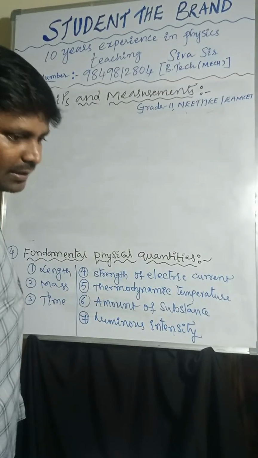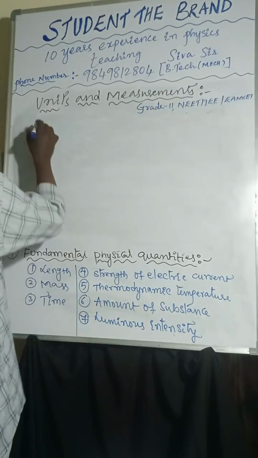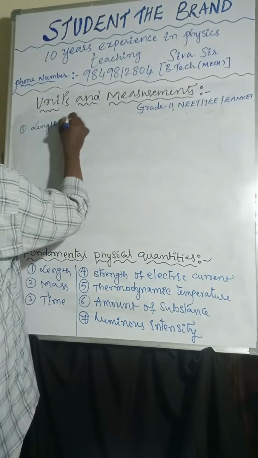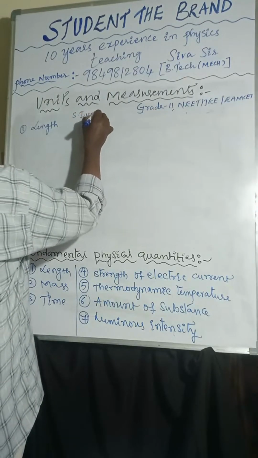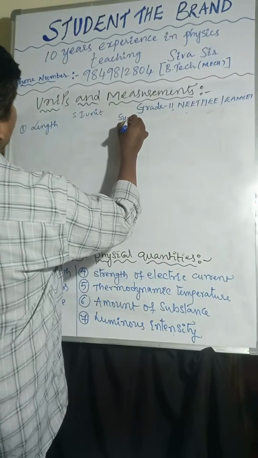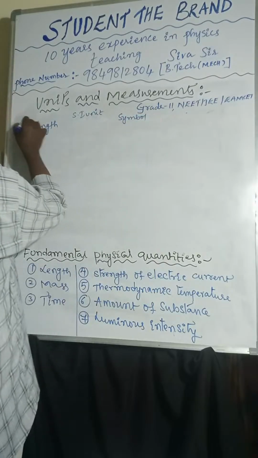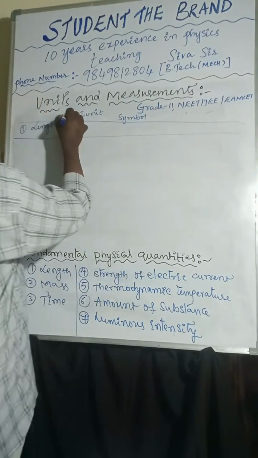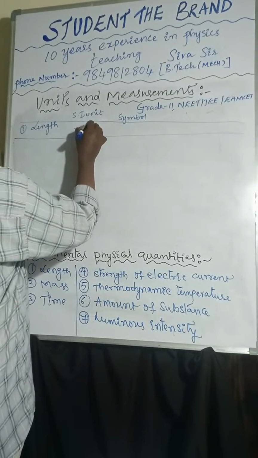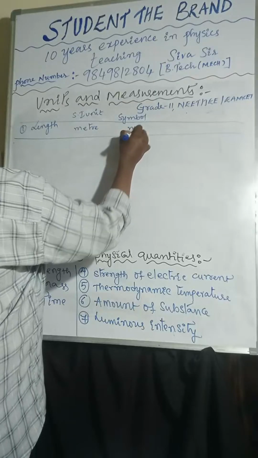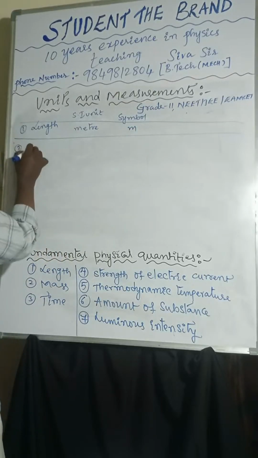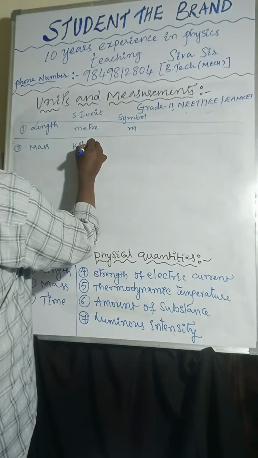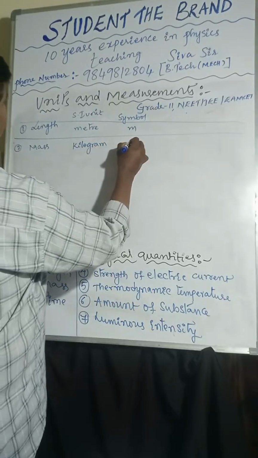Now you can see length, with its SI unit and here the symbol. The SI unit of length is meter. The second one, mass, is kilogram, kg.